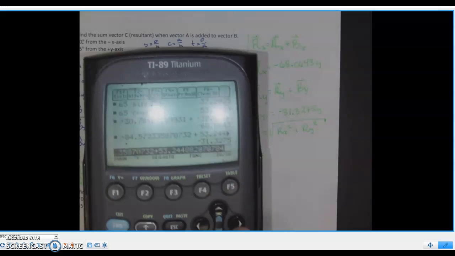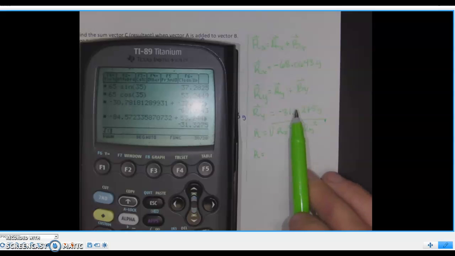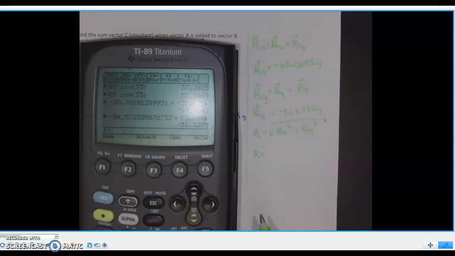So the magnitude of r will be the square root. Now these are magnitudes, not directions. So even though they both have negatives, and I could keep it if I was careful with my parentheses, I don't have to.